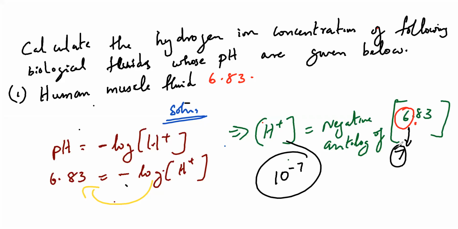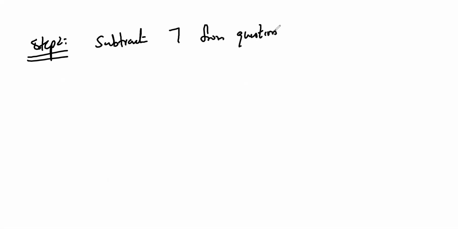Step 2: subtract from the question. So 7 minus 6.83, I'll get 0.17.